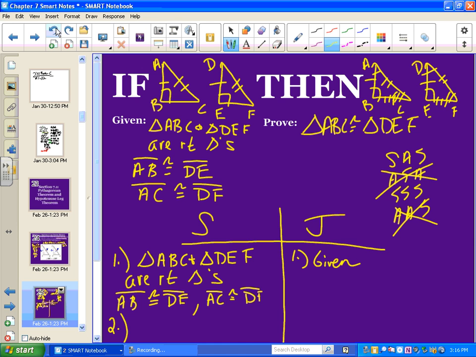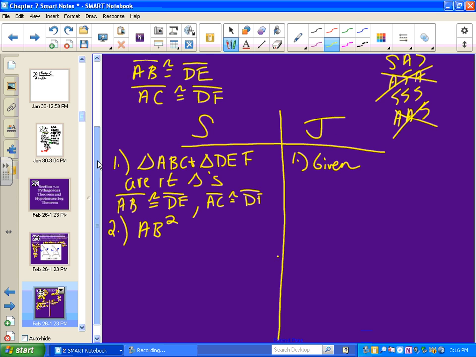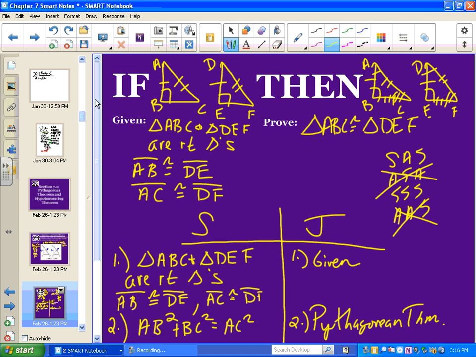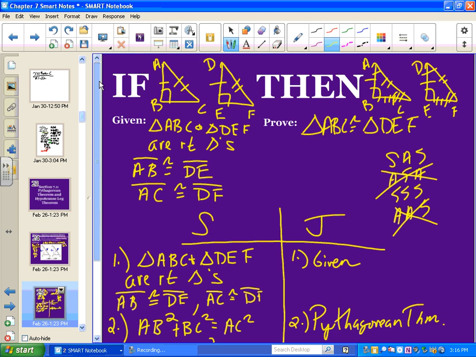So the Pythagorean theorem tells me AB squared, a leg of triangle ABC, plus BC squared equals AC squared. Next step. We know the same thing about triangle DEF: DE squared plus EF squared equals DF squared.